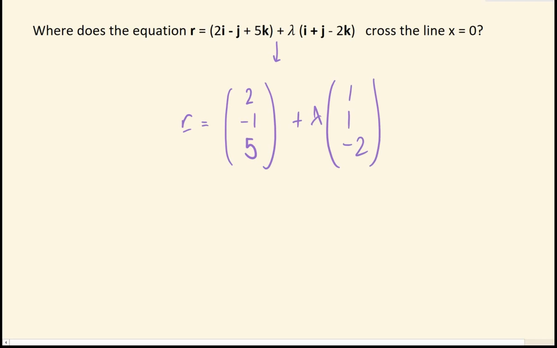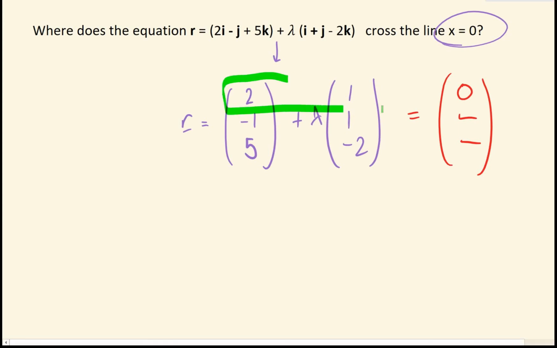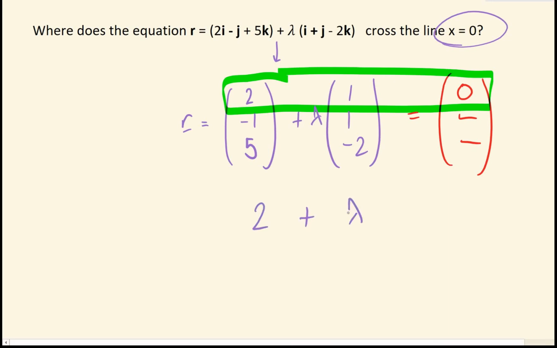We want to know when this equation crosses the line x equals 0. So I want to have a 0 here and then work out what the other two things are going to be. We can take this top row off and deal with it as an equation. This equation says that 2 plus 1 lambda is going to equal 0.